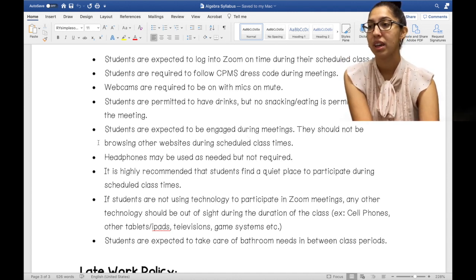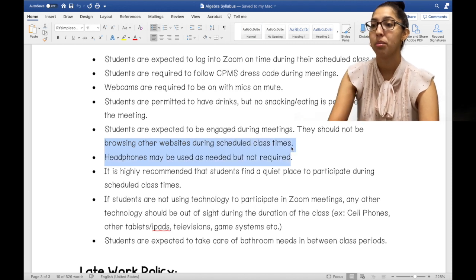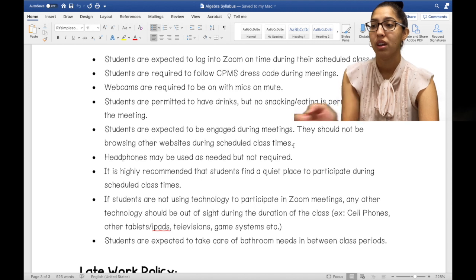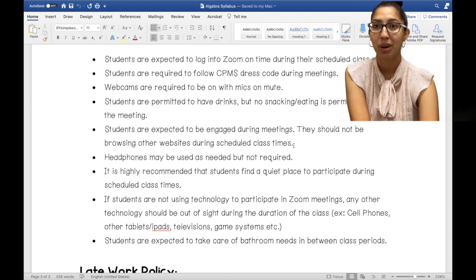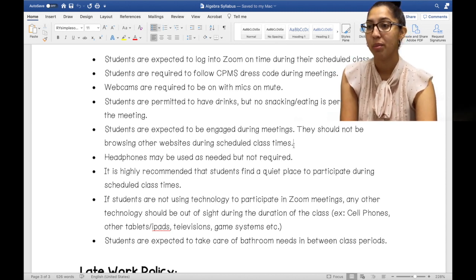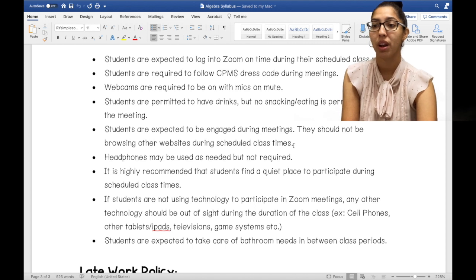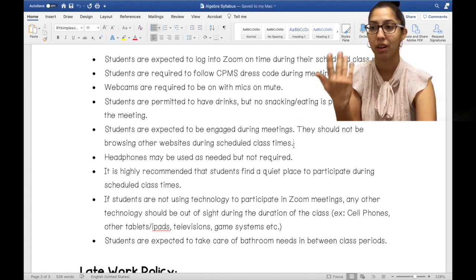Students are expected to be engaged during meetings. They should not be browsing other websites during scheduled class times, so you shouldn't be on YouTube or anything like that. Like I said, it's a pretty quick meeting, so you should just be there and be present. Headphones may be used as needed, but are not required. If you have other people in your house, you might need headphones.